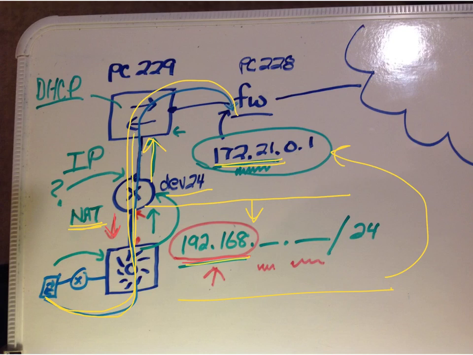As soon as it hits here, it converts it to an address and matches it up with a port number to keep track of it, and then when this firewall sends it back, it gets translated back here, and then it goes to the correct device. We will review that on Monday. That'll be a good thing to review.